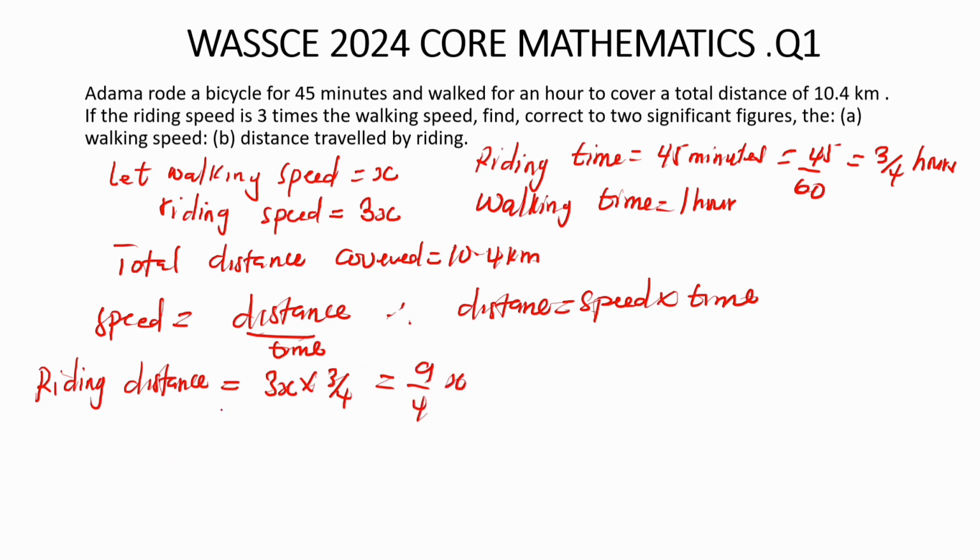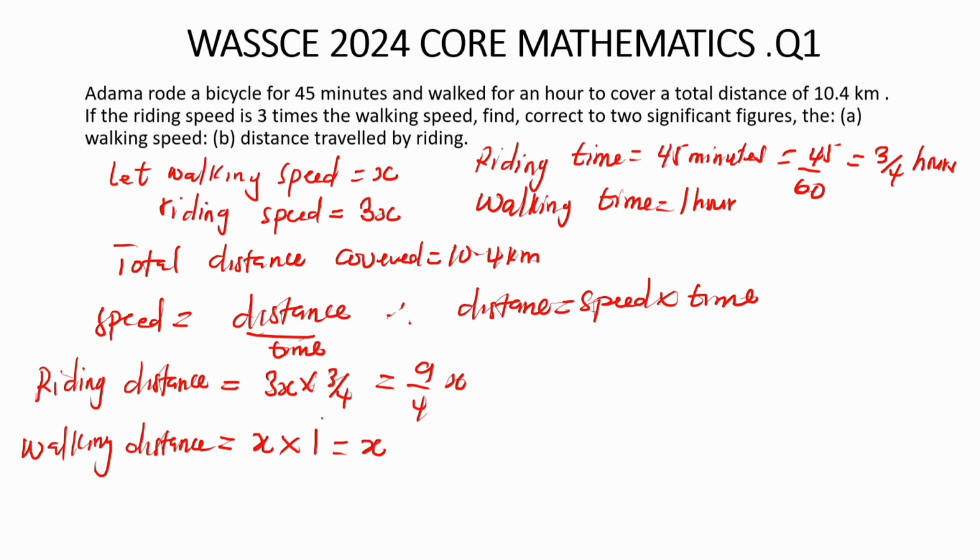So we have the riding distance to be 9 on 4 x. What about the walking distance? The walking distance is going to be the speed taken during walking times the time taken during walking. The speed during the time that he was walking is x, and the time taken is 1 hour. So we multiply by 1, and this is going to be x.